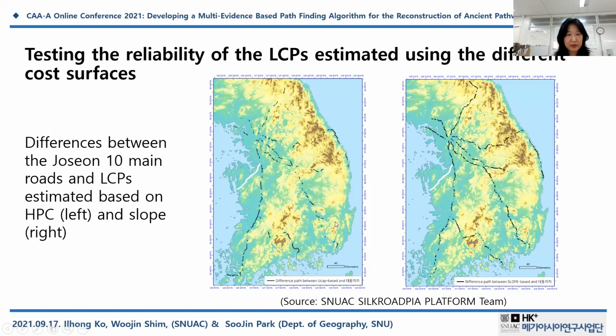Now if we look at it a bit more in detail, the black points represent the areas where the paths of the Joseon 10 main roads and our modeled paths did not coincide. The left is the one that was modeled using the hillside position classification cost surface, and the right one was the one using the slope cost surface.